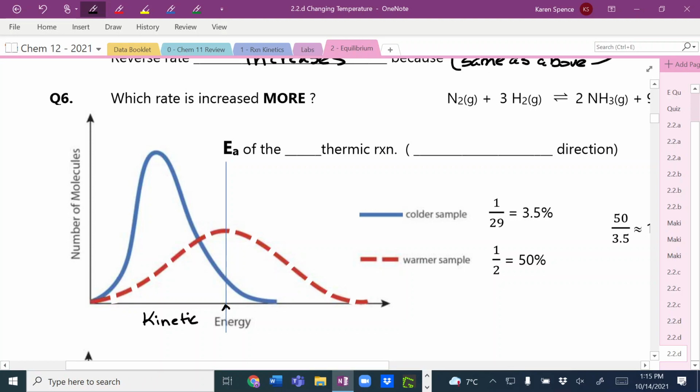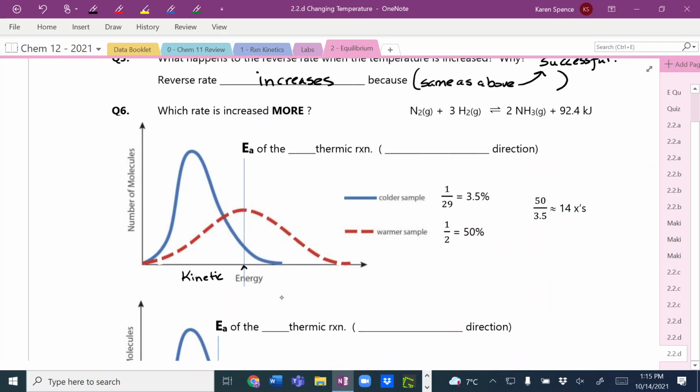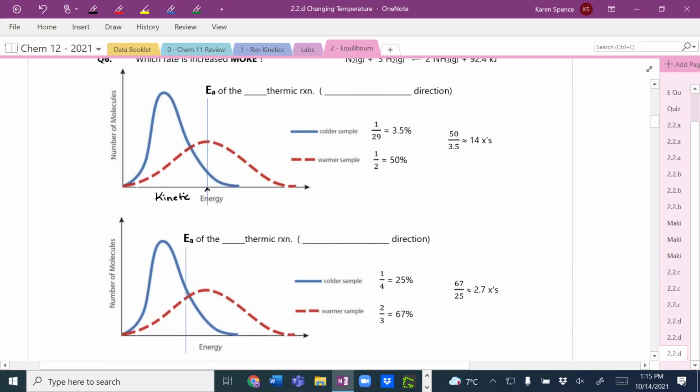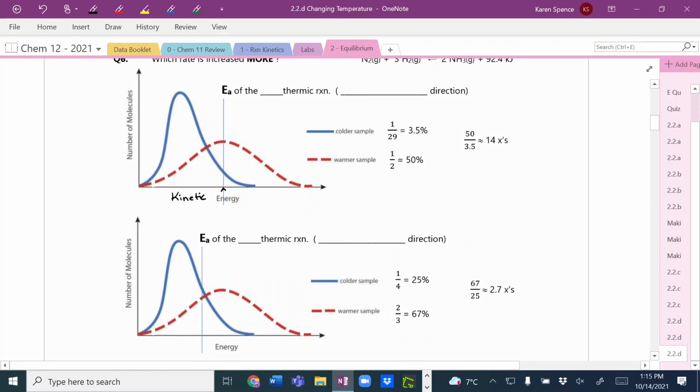Now, there are two of these, so I'm going to zoom out for a moment so you can see both at the same time. One of these is for the forward reaction, and one of them is for the reverse reaction. One is for the endothermic direction, and one is for the exothermic direction.